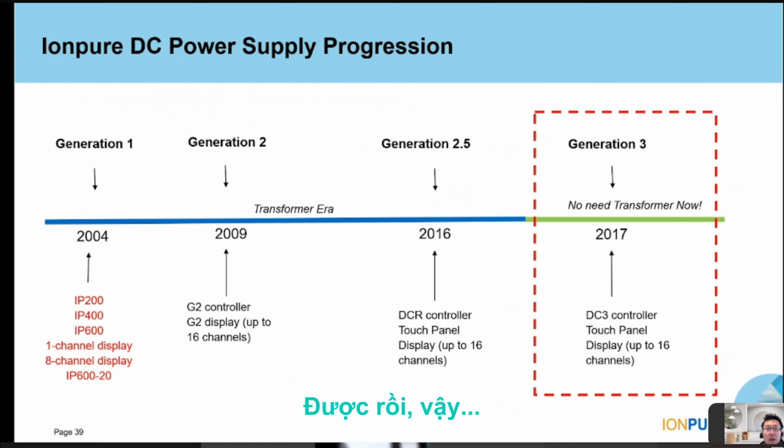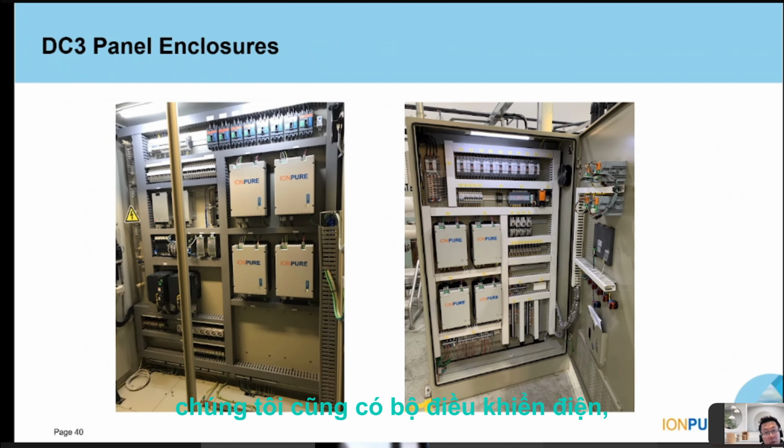All right, so to pair with our EDI modules, we also have our power controller. Some people call it the rectifier. That converts the AC into DC. All EDI modules, all of the IONPURE modules, run on DC current.